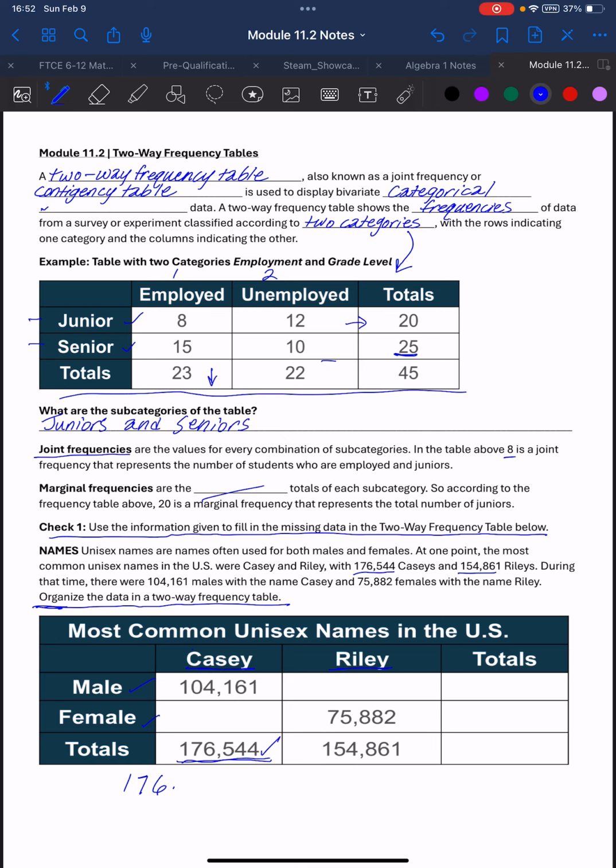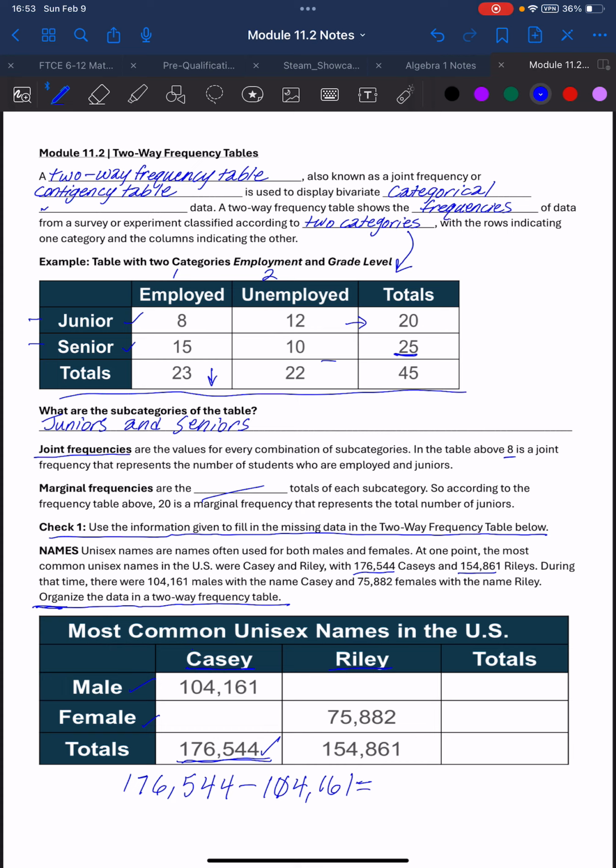I'm going to take 176,544, and I'm going to subtract the amount of males, which is 104,161 kids. So the difference between these two numbers will give me the amount of females that were named Casey.